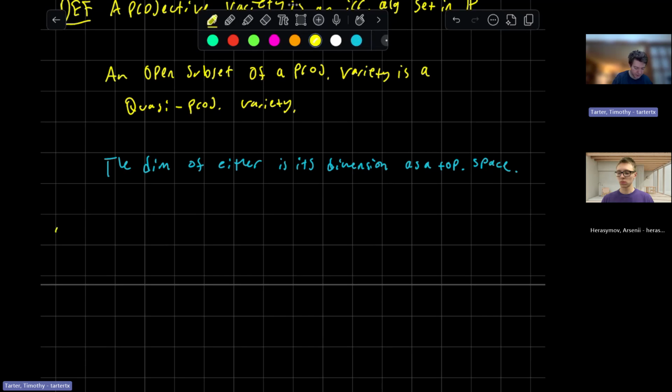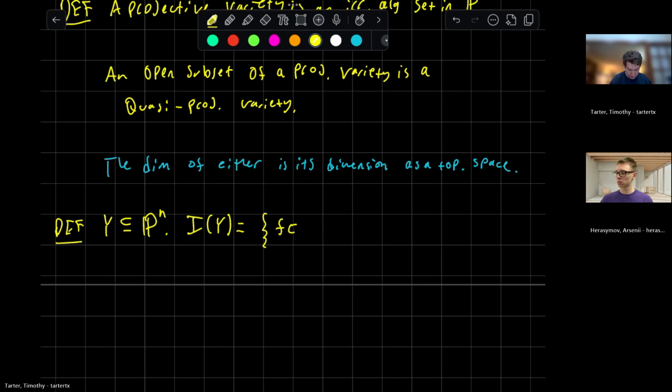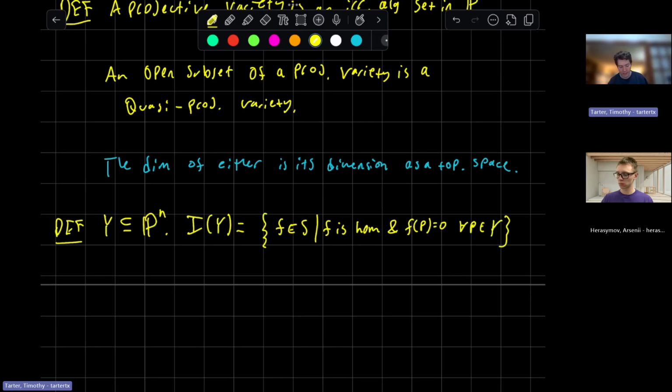So another definition: let Y be any subset of Pn, then I of Y is equal to the set of F in S such that F is homogeneous and F of P equals 0 for every P in Y. So again, now we're no longer looking at all of the things that zero out.